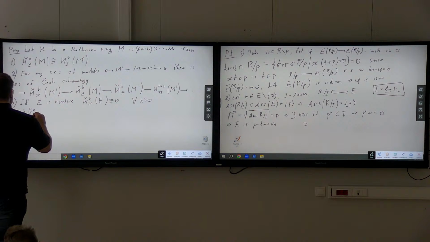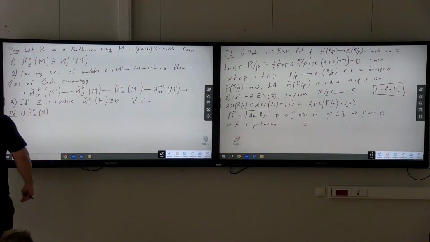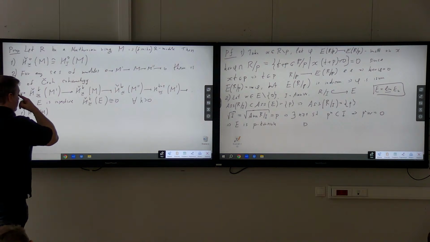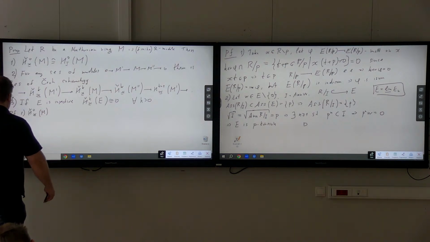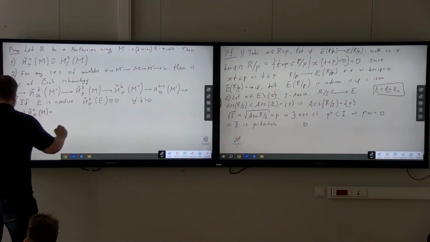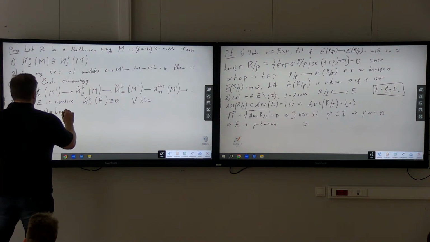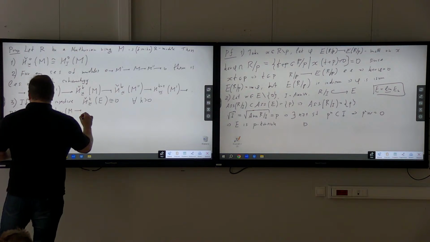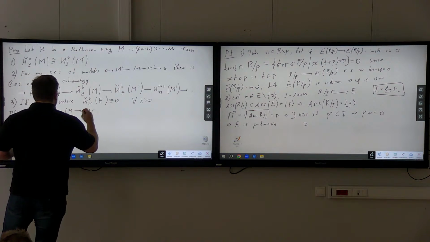Zeroth Čech homology for the sequence X and the module M. Well, remember the complex, the stabilized Koszul complex, the zeroth homology will be just the kernel of the map from M to the sum of its localizations.